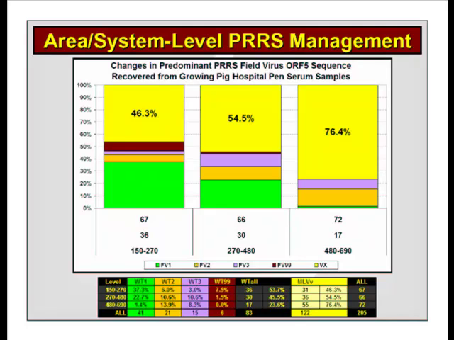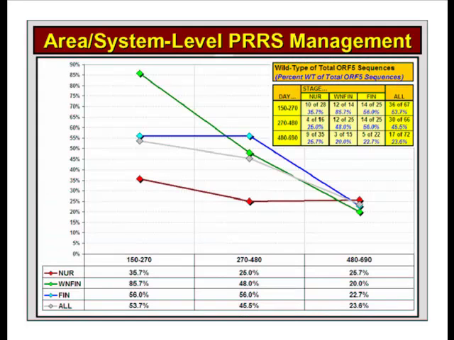We see a reduction in the total field virus sequences detected, and a reduction in this particular field virus over time. These are what I call the oddballs, the ones that show up and disappear. This is the one that showed up in a finisher and then persisted. But these seem to go away over those full turns of the pig pipeline.